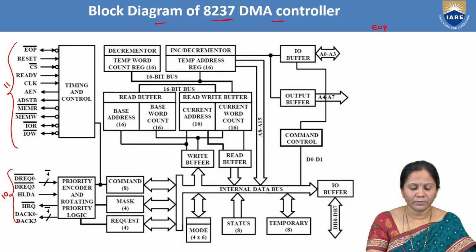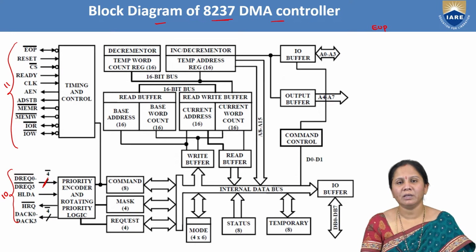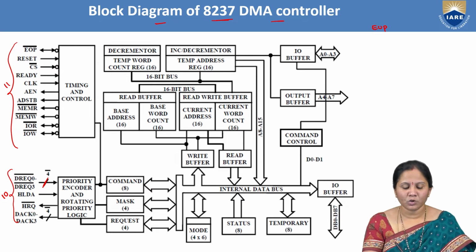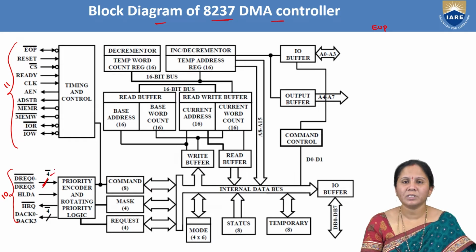Here we can observe DRQ0 to DRQ3, that is DMA request. In 8237 also, totally 4 channels are there. For each channel we will have one DMA request signal, so for 4 channels we will have 4 DMA request signals. Similarly, for the 4 DMA channels we will have their own DMA acknowledgement signals also.